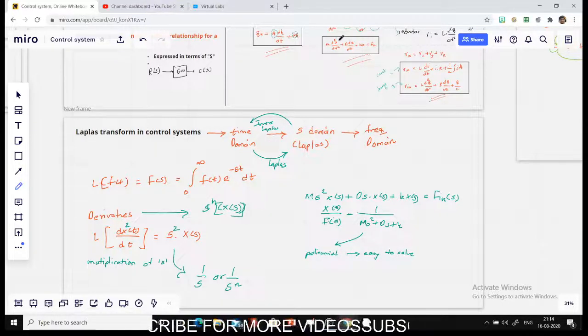Polynomial equations are very easy to solve.